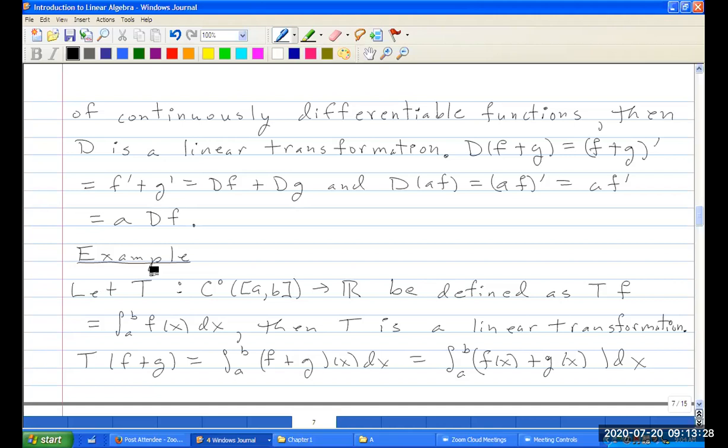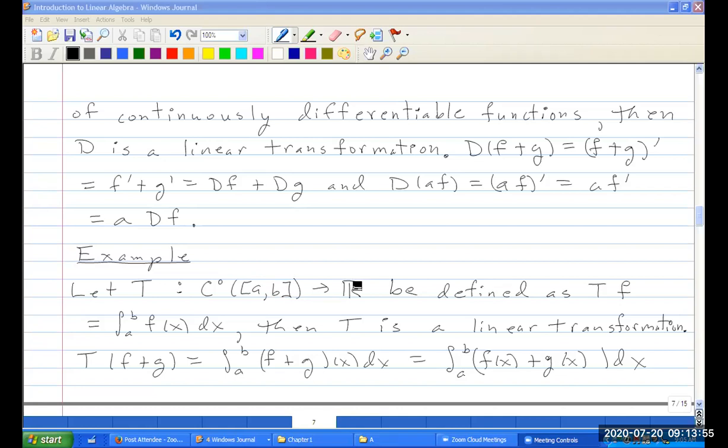Okay, so another example. Let T, why I call it T, I don't know. Maybe I should have called it I. Let T go from the set of continuous functions on the closed interval [a, b] to the real numbers.